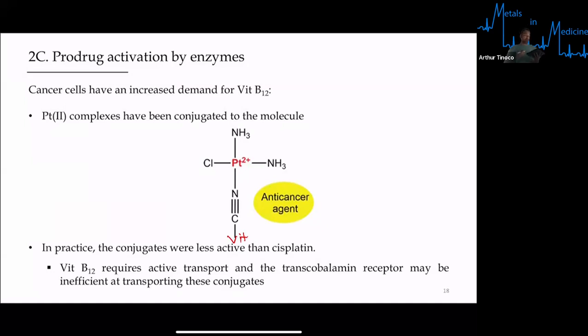It could have to do with the relative effectiveness of bringing that compound into the cellular environment, and maybe even releasing the actual drug, which is not as active as cisplatin itself.